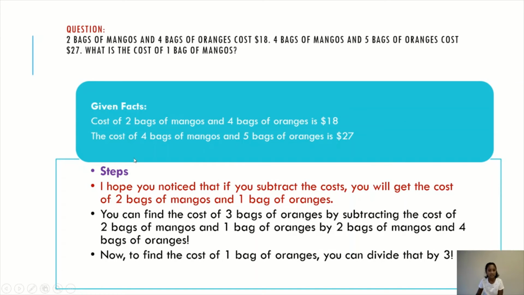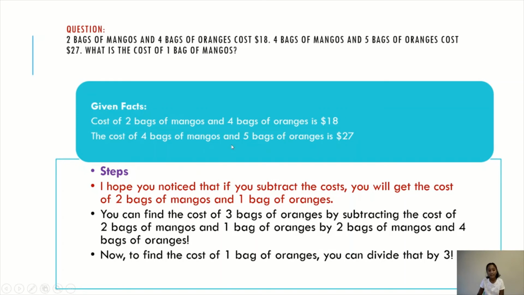Now here are our steps to find out the cost of 1 bag of mangoes. I hope you noticed that if you subtract the cost, you will get the cost of 2 bags of mangoes and 1 bag of oranges. And to figure out that cost, since we're subtracting the costs, you need to do 27 minus 18.